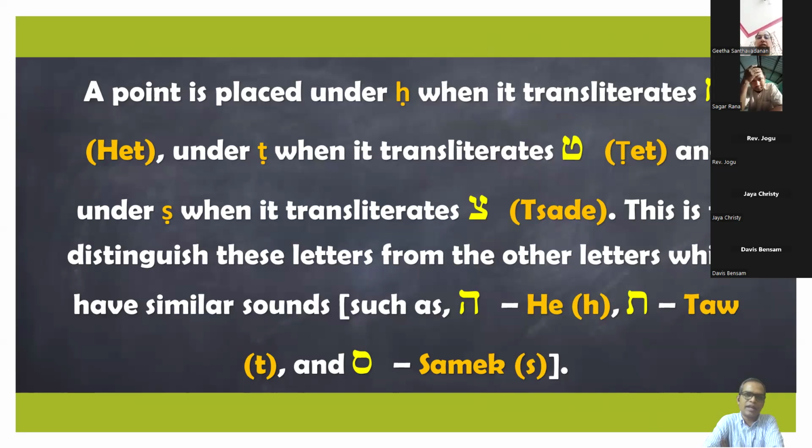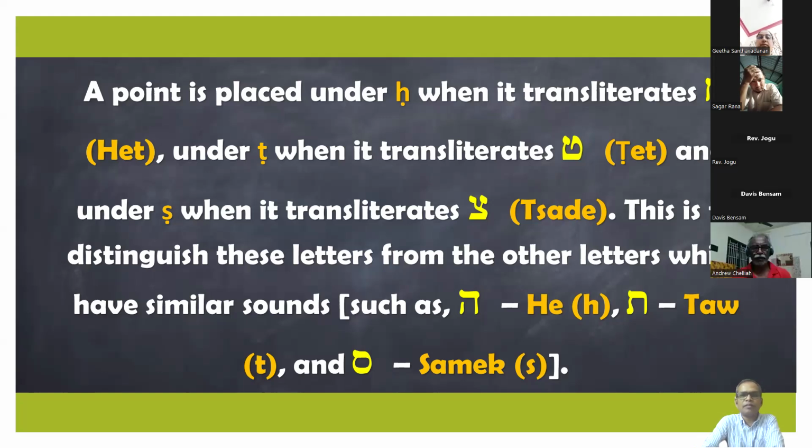So when you write He, it is only H, but when you write Chet, the transliteration is H with a small dot underneath. And under T, if you find a small dot, then you can say that that is the transliteration of Tet. And when you see a dot under S, you can say that it is a transliteration of Tzade.